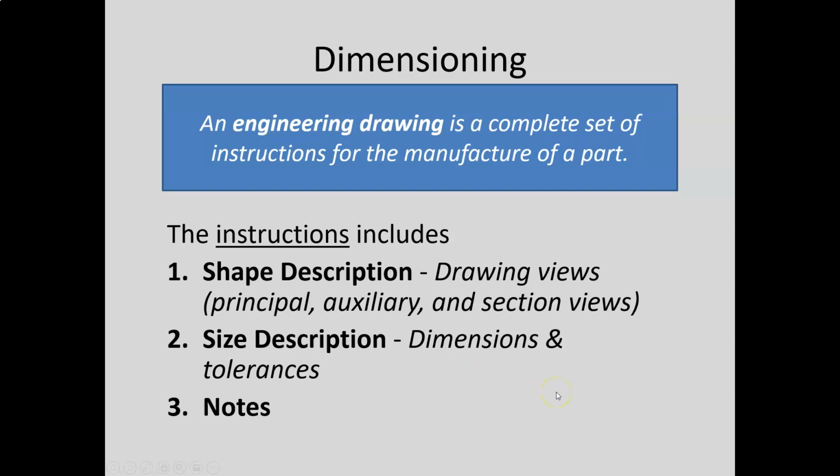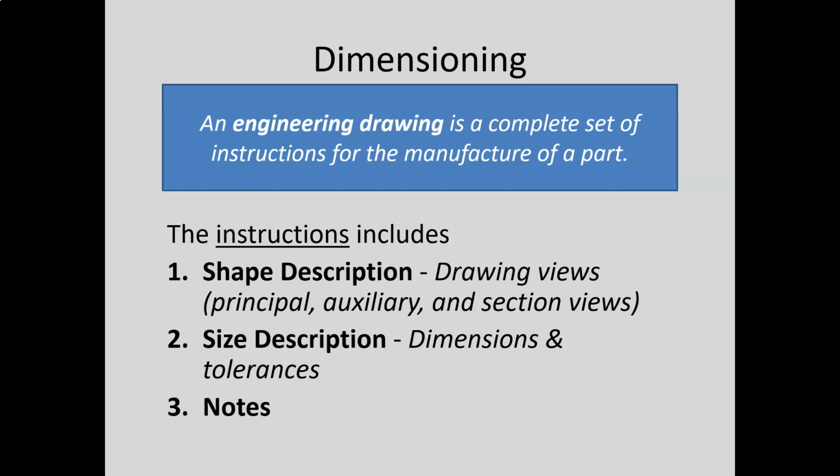We already talked a little bit in the first presentation about what an engineering drawing is. An engineering drawing is a means of communication. It's a technical document that is intended to communicate to various people in manufacturing and in other areas.